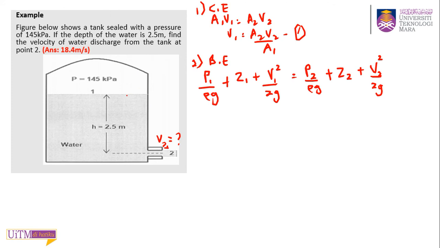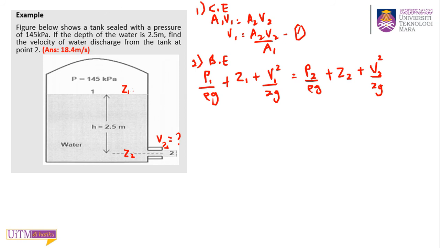Why do you say that? So this is your Z1 and this is your Z2. Is it the same? V1, P1 and P2.